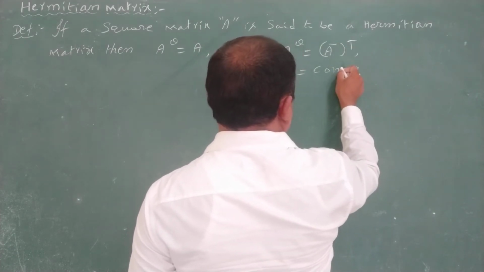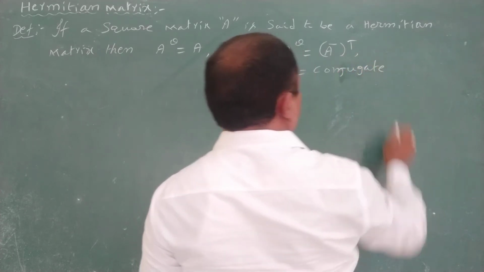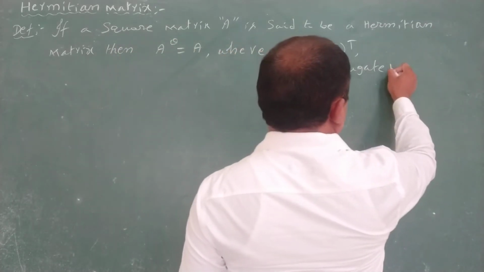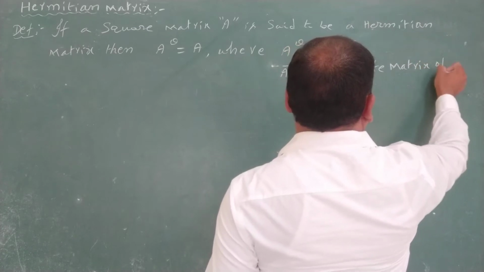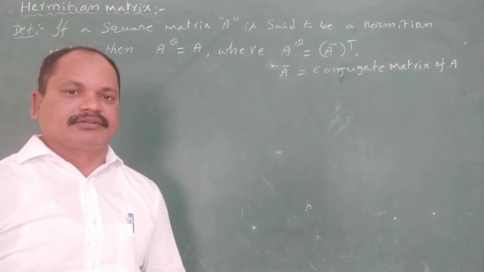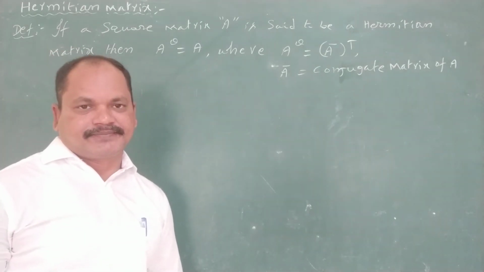Conjugate matrix of A. So this is the definition for Hermitian matrix.